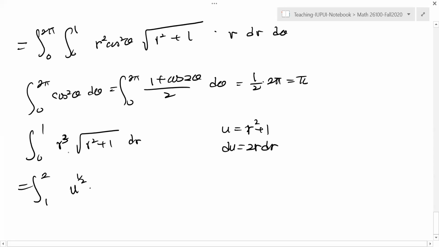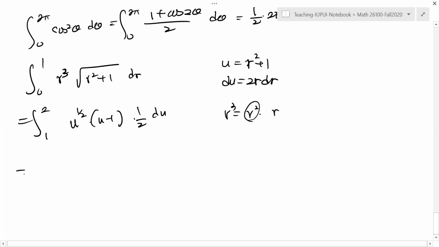Now here's r cubed. R cubed is r squared times r, right? So that's why for r squared you use u minus 1, and r dr is half of du. So you take 1/2 out, and you will get u to the 3/2 minus u to the 1/2 du.